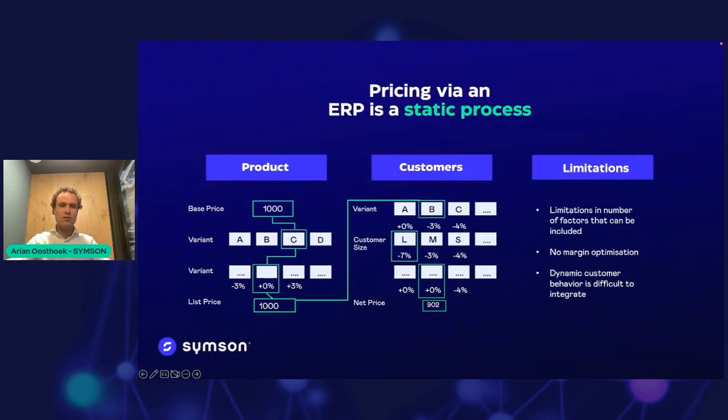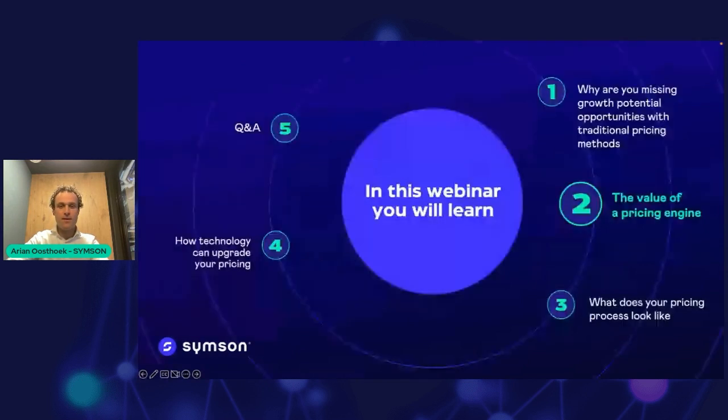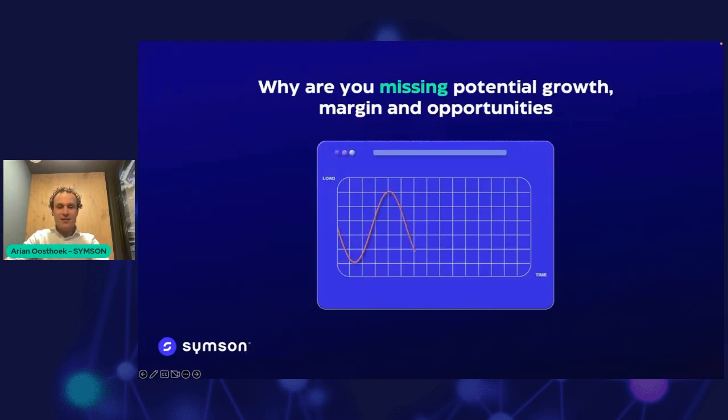And it's also really hard to integrate the customer behavior into this process. And so there is where the value of a pricing engine comes in. And in the next slide, we give you the visualization.